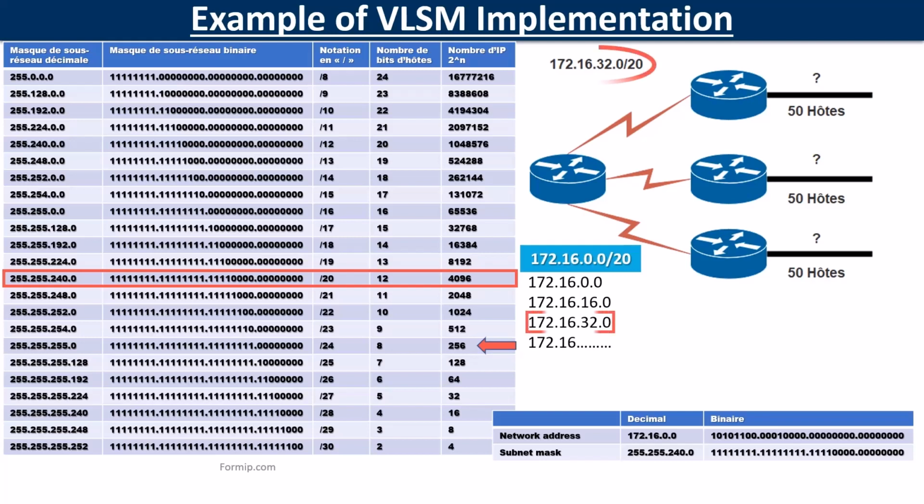We decide to work with the subnet 172.16.32.0/20. The usable addresses range from 172.16.32.0 to 172.16.47.255. With this address and this mask, we would like to create LANs that could contain 50 hosts.